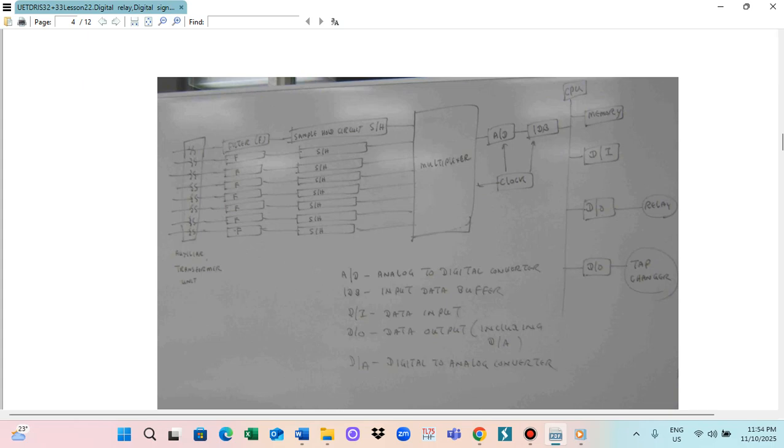This is what we call the transducer, and this is the auxiliary transducer unit. Okay, the transducer unit is connected to the line of the control function. Then those are connected with the filter.